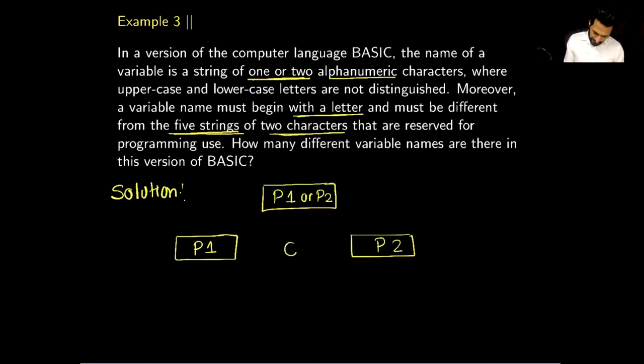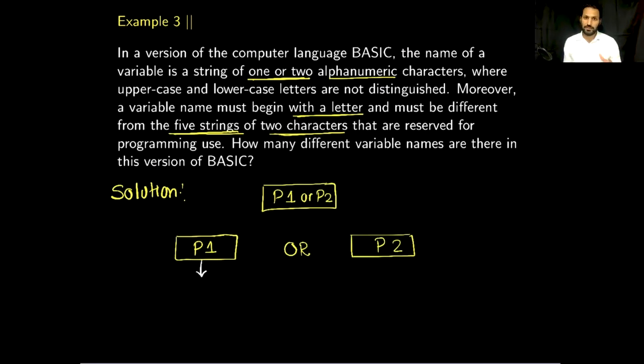And there is a conjunction or between them, and there is no commonality between these 2 tasks, because you can have a string which is 1 character long, or you can have a string which is 2 characters long. How many ways can we create a string of 1 character long? In order to create the string, we can use the alphanumerics, which is either a letter or a digit.